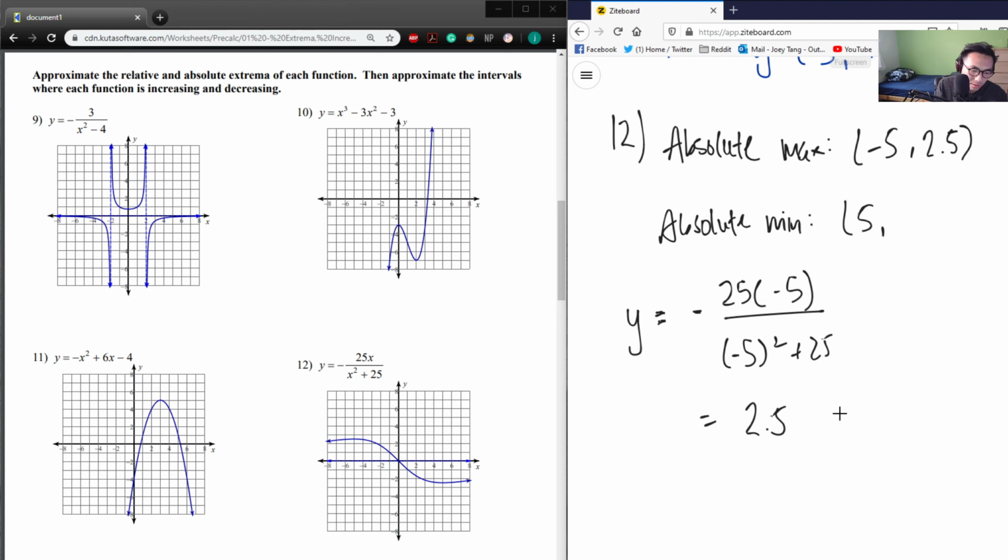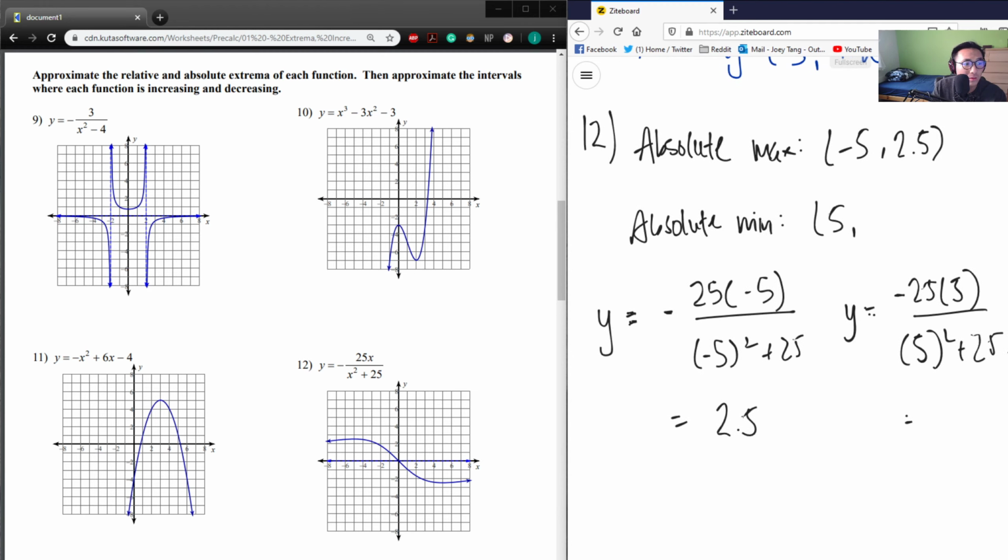And then I'm going to sub in x equals 5 for my absolute minimum point. So this is y equals negative 25 times 5 all over 5 squared plus 25. I'll do that quickly on my calculator.